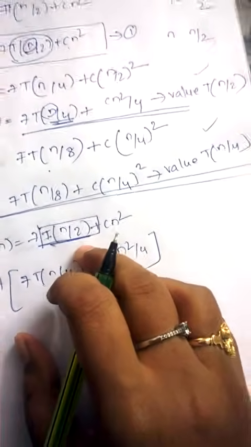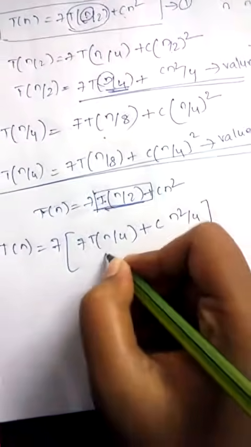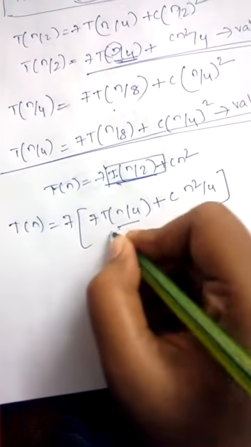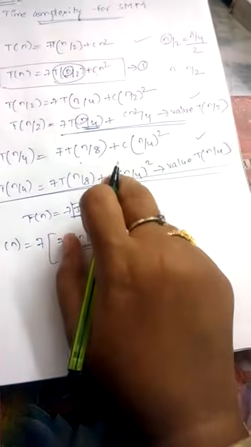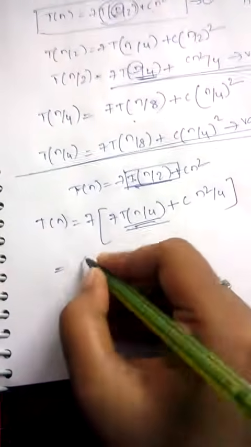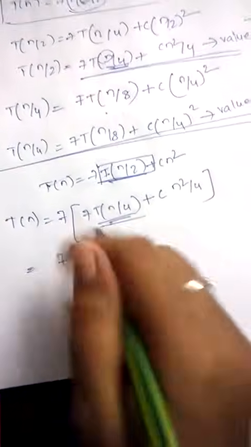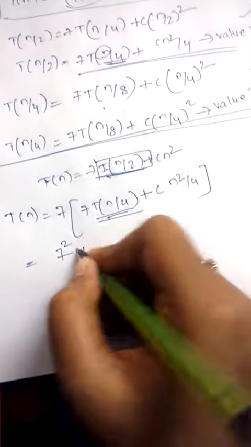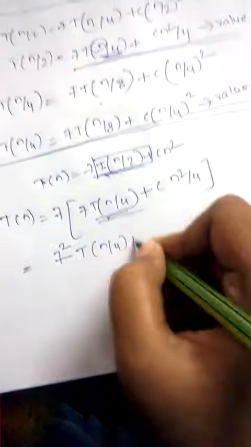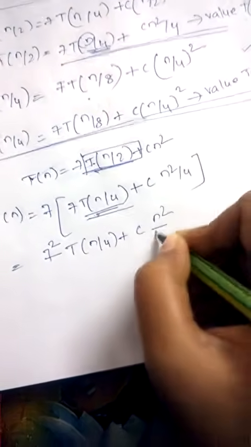Okay, now let's first resolve this equation. 7 into 7, 7 square T of n by 4 plus cn square by 4.